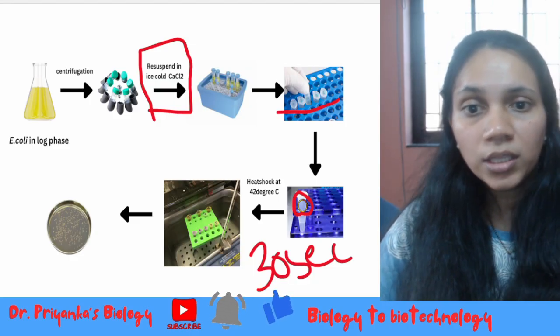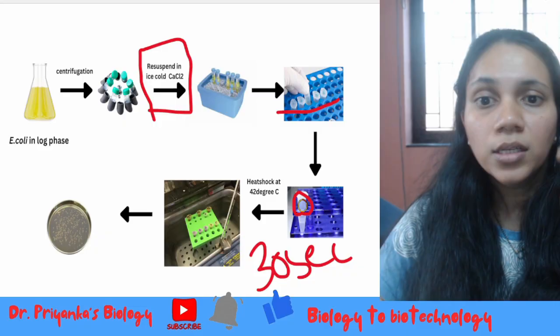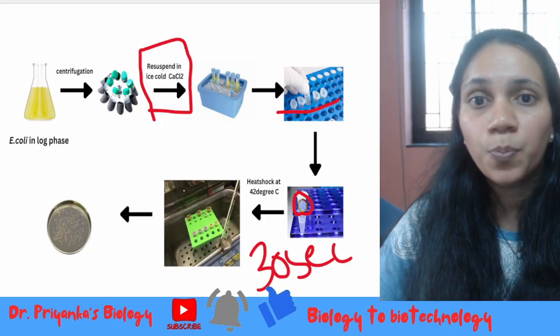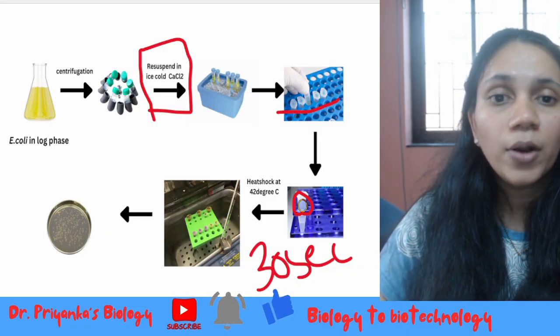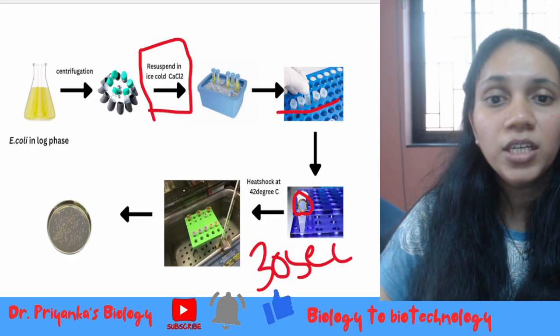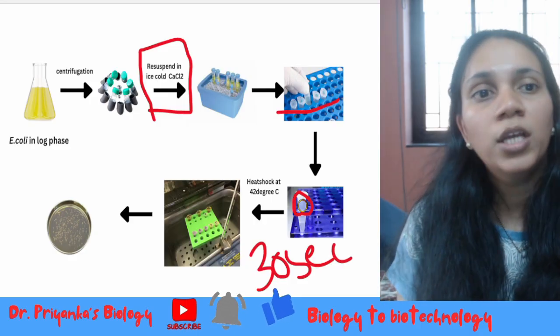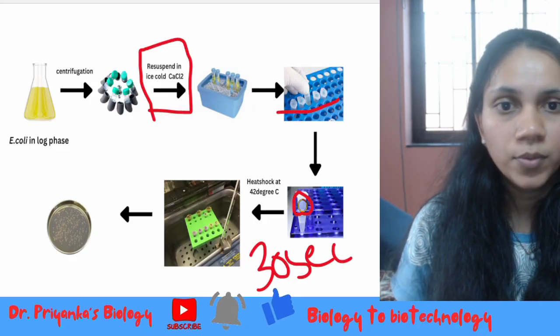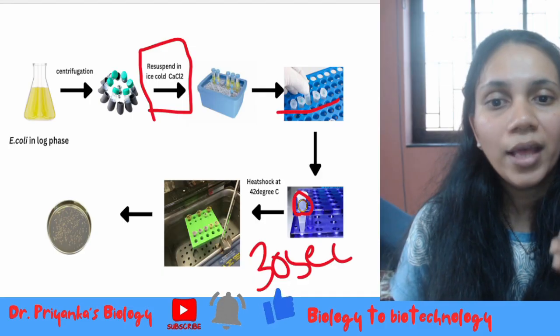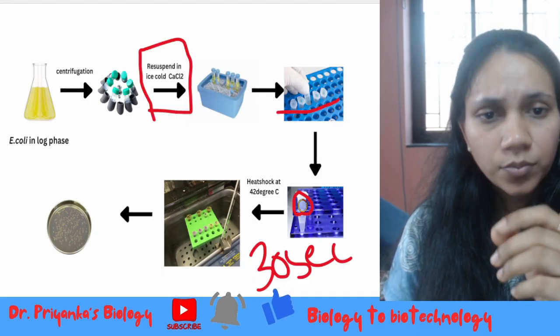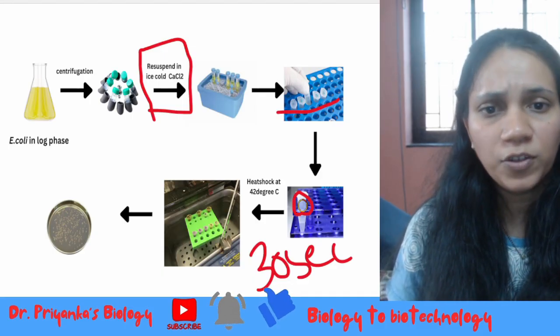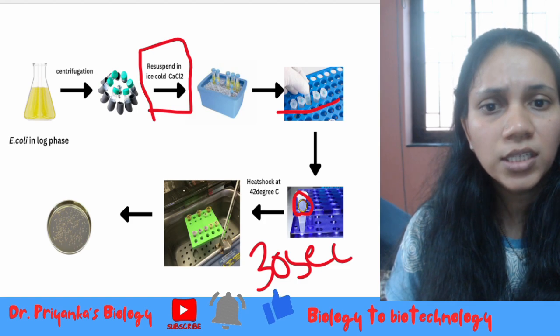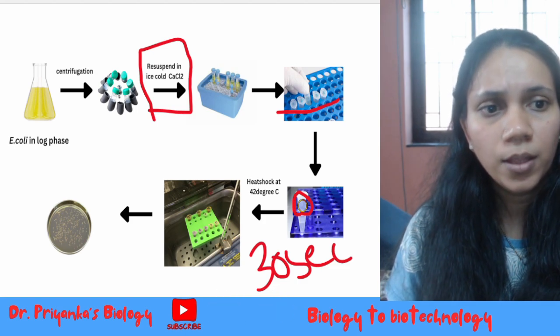Because during this phase, the cells are going to express the antibiotic resistance gene which has been introduced because of the newly introduced plasmid, and this is going to enhance the cloning efficiency. So this is the reason it is done.